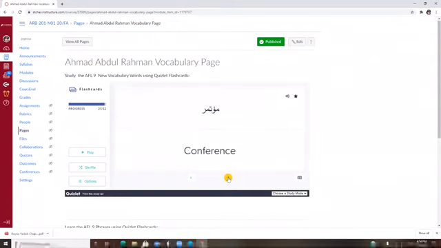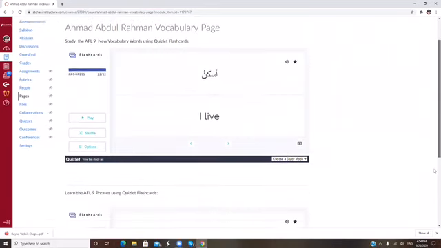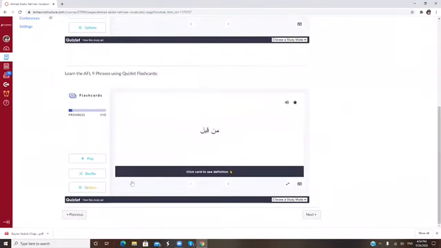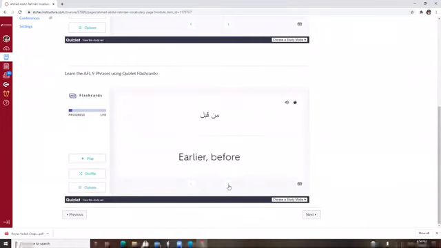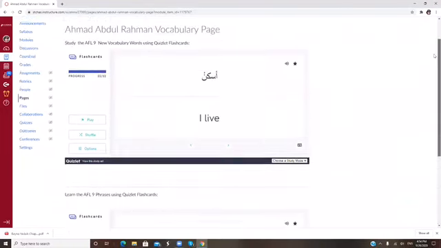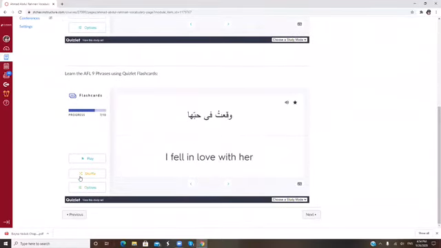Mu'tamar, conference, and eskunu, I live. Yeah, these are from the next one. Let me look at these. Okay, these are right. I must have had the wrong one, there's the next reading for next week, and that's what those are, I think. So let's go back with these.